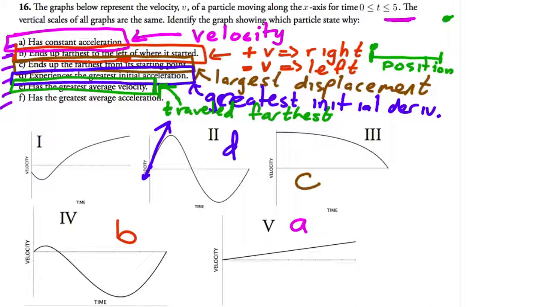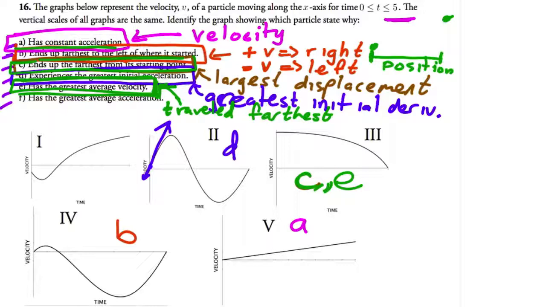Since it doesn't really matter where each one started, you're measuring each one from its own initial starting point. So this question is basically exactly the same as C: which one ends up farthest from its starting point? And so the answer is going to be the same as the answer for that question.